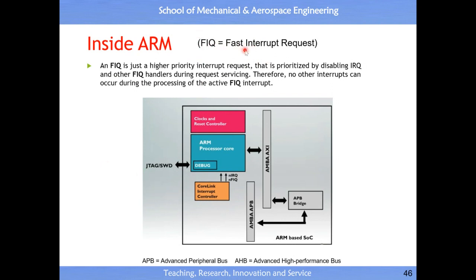We have this type of urgent signal, and we are able to handle it. One particular example is this, a higher priority interrupt. For example, if you press the emergency stop button, then the whole machine must stop. So you have this capability.